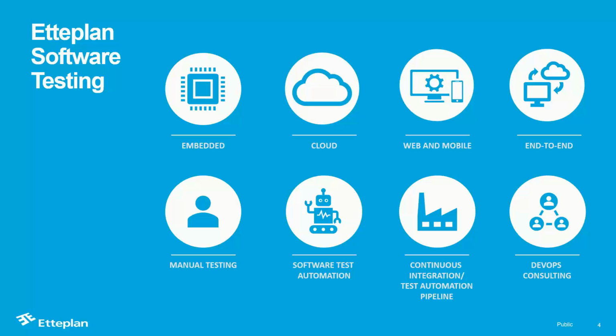And of course, because Etteplan is the biggest embedded design service company in the Nordics, we think that it's our duty to act as a trendsetter and bring the latest tools and processes also to embedded software design. And this is the reason why we decided to put up this webinar.